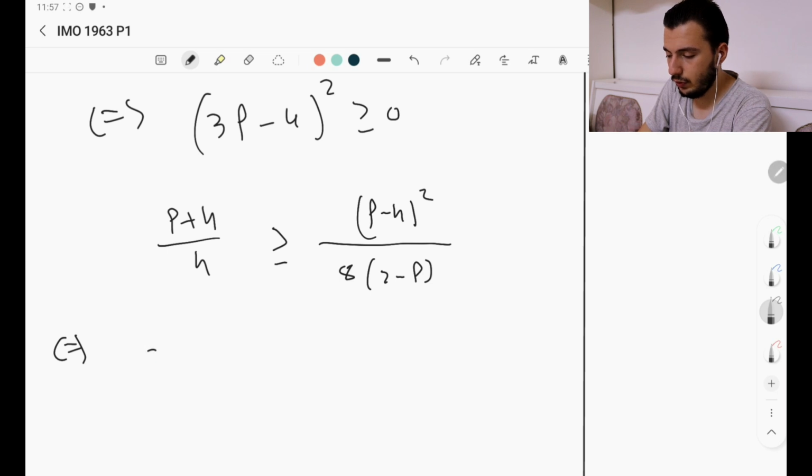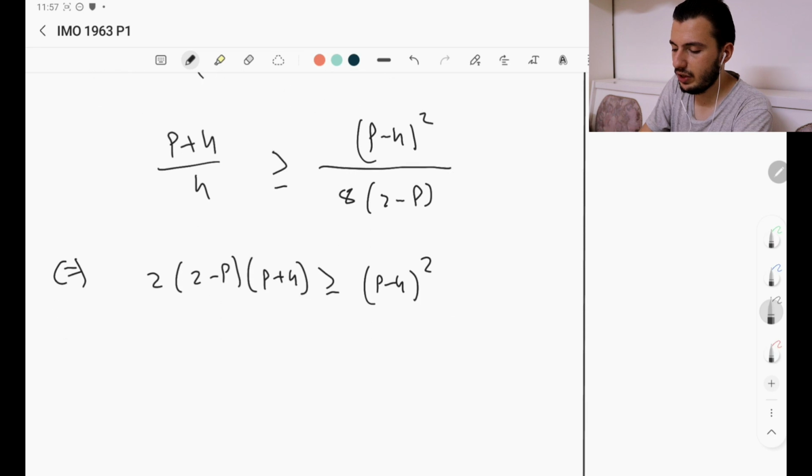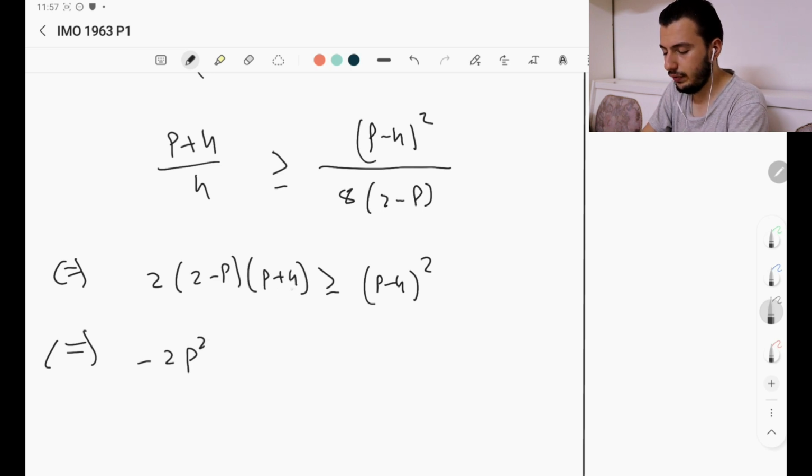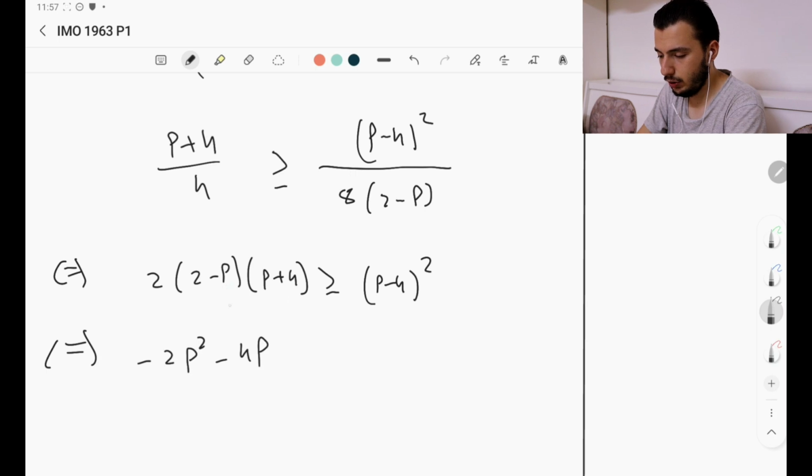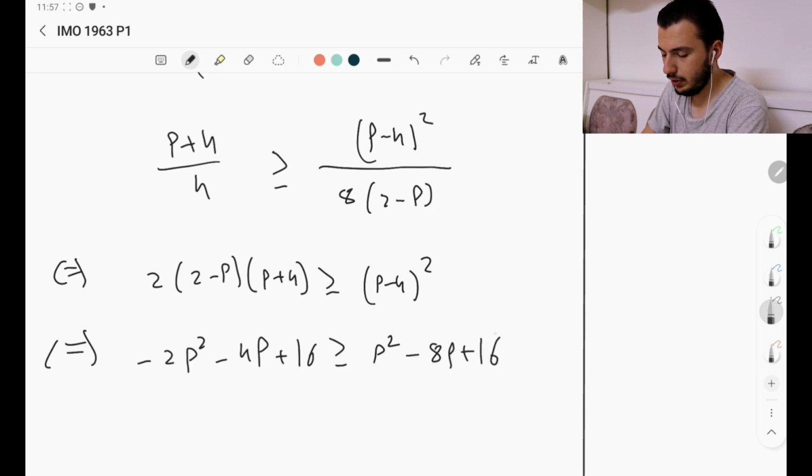Okay, so now we have 2 times 2 minus p times p plus 4 greater than or equal to p minus 4 squared. Let's expand. Alright, so negative 2p squared, then negative 4p, and finally 4 times 2 times 2, so plus 16, is greater than or equal to p squared minus 8p plus 16.